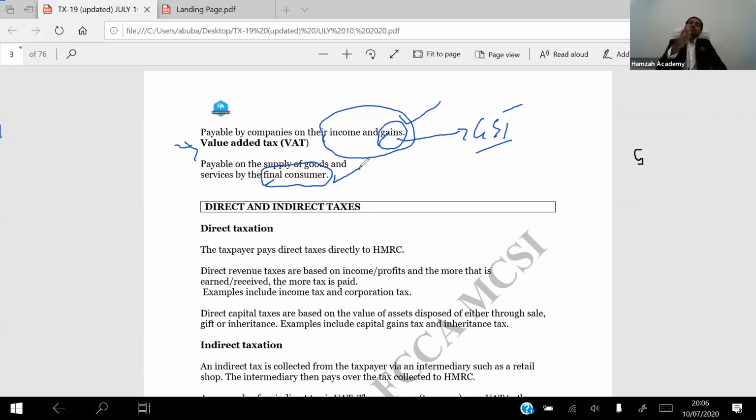Why do we call it value added tax? So let me just clear that part. Value added comes from the words value addition. I am a farmer. I grew wheat in my farm. So that's the first step. I put the seed.